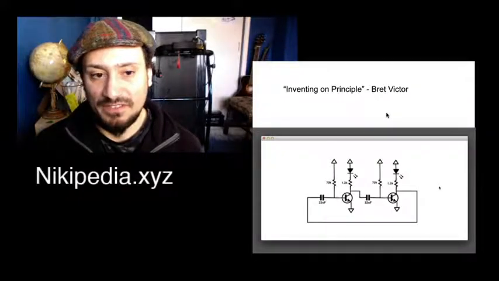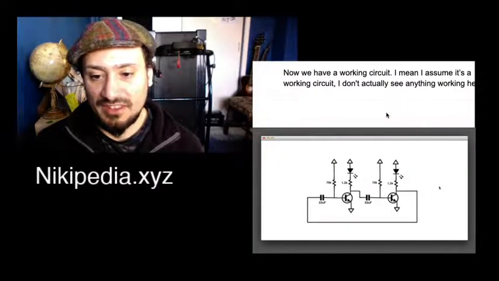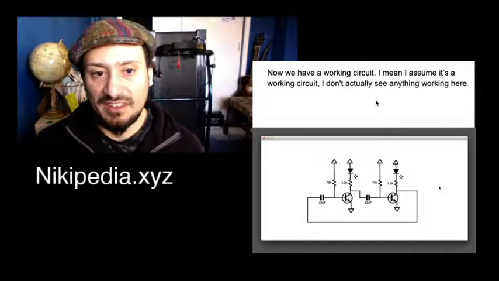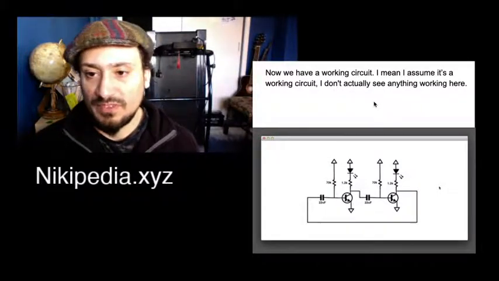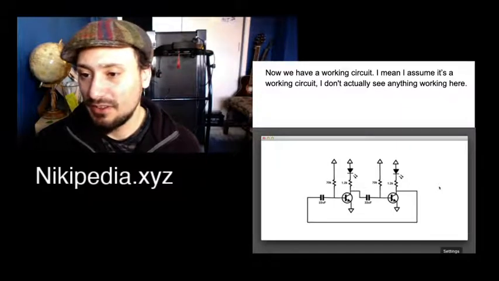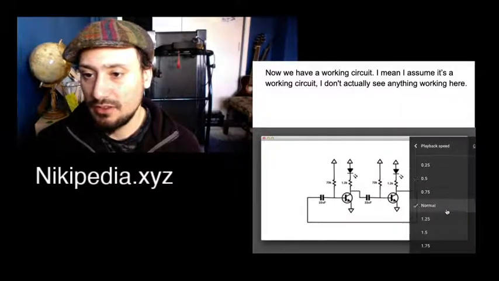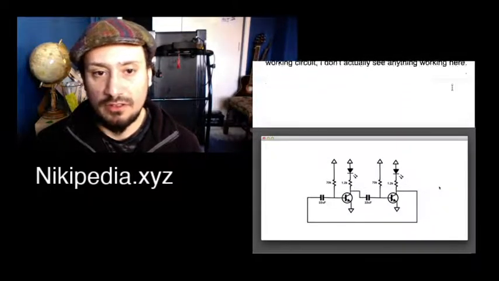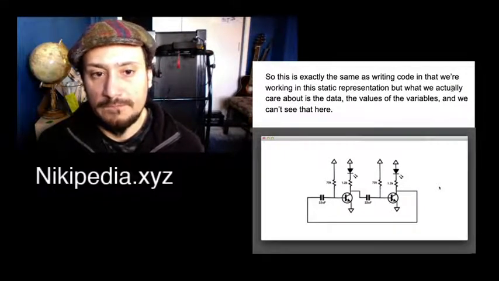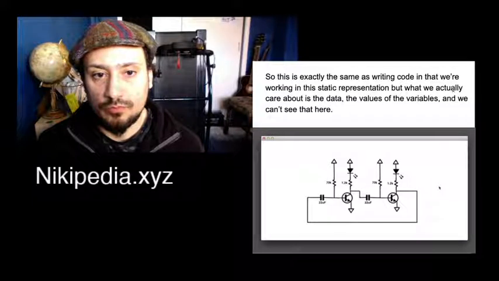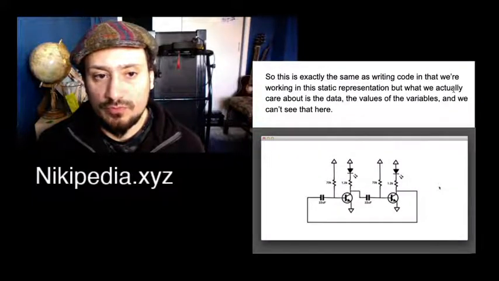1.2. And now we have a working circuit. Oh, it's on. I mean, I assume it's a working circuit. I don't actually see anything working here. So this is exactly the same as writing code, that we work in this static representation, but what we actually care about is the data, the values of the variables, and we can't see that here.